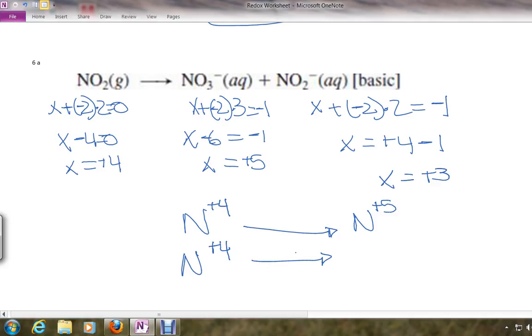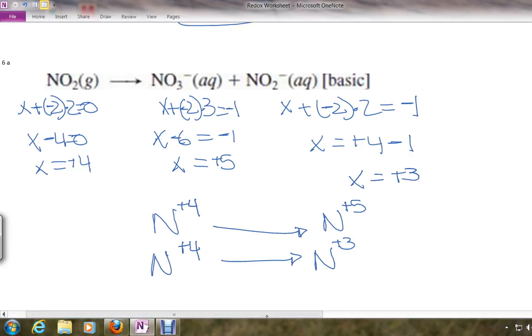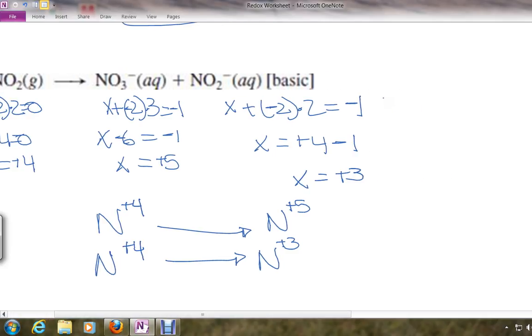So basically, when you balance the electron, one is going to N5 and the other one is going to N plus 3. You are gonna need two nitrogens here anyway. So when you balance it, you'll see we're gonna have two nitrogen. So one nitrogen's oxidation number is going up, so it's losing electron.